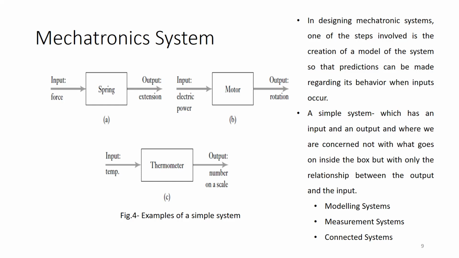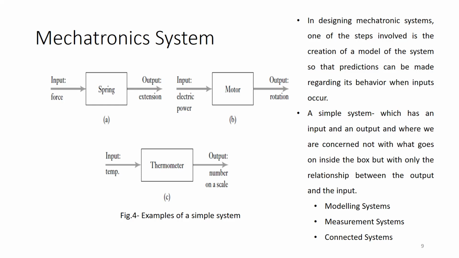You require some intermediate unit which could convert that non-useful form into a useful form. Okay, so these are three different examples showing three different simple systems where some input is getting converted into some useful output for further analysis.